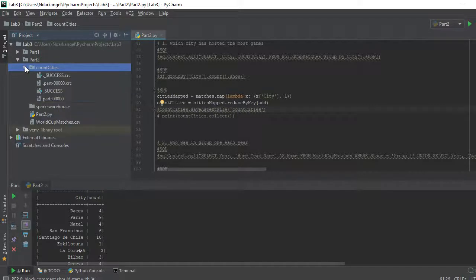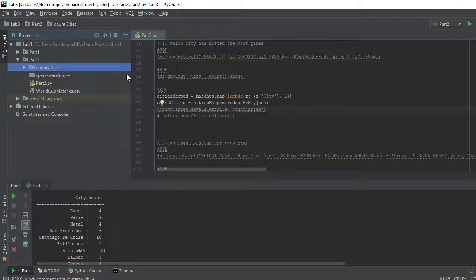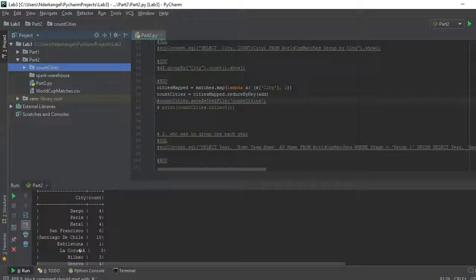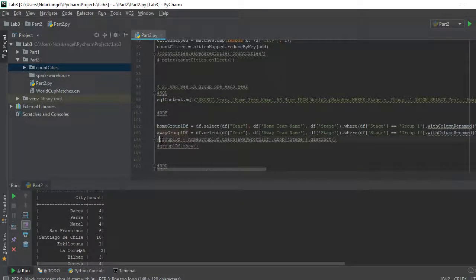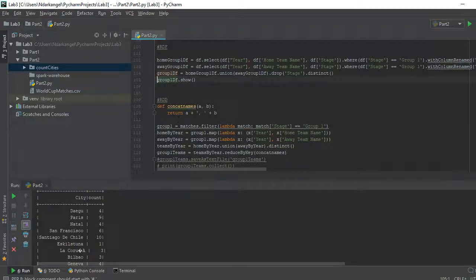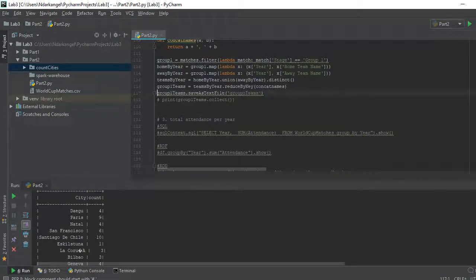So that's counting countries. And then the second part we had to do was who was in group 1 each year. So we had to figure out who was in group 1 each year. So close this, open this up, and then RDD, create this, run.